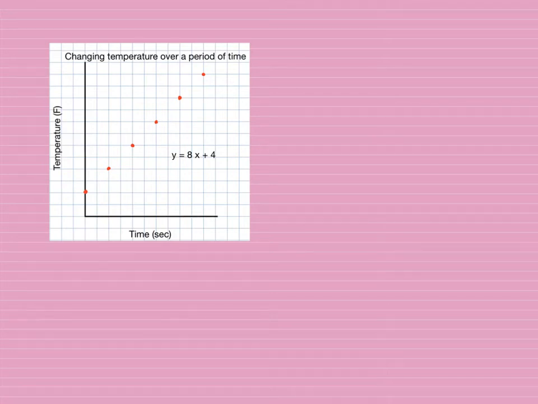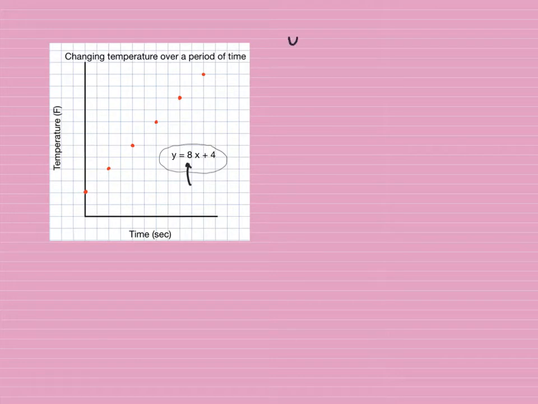In this video, we're going to look at graphs that are linear and try to write a mathematical model that gives us the relationship between the two variables. So if you look at this graph, we've got y equals 8x plus 4. On that graph, the 8 is called the slope.